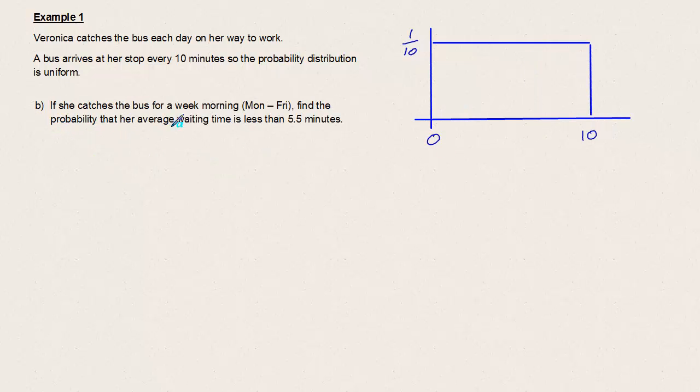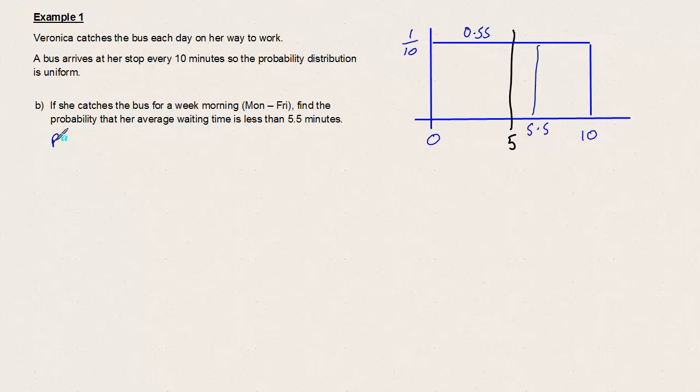If she catches the bus for a week, Monday to Friday, find the probability that her average waiting time is less than 5.5 minutes. Well, we just worked out the probability of it being less than 5.5 in part A of the question. That was 0.55. This distribution is symmetric, so if it goes from 0 to 10, we know the mean is 5.